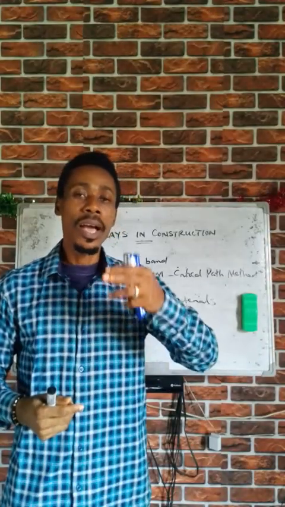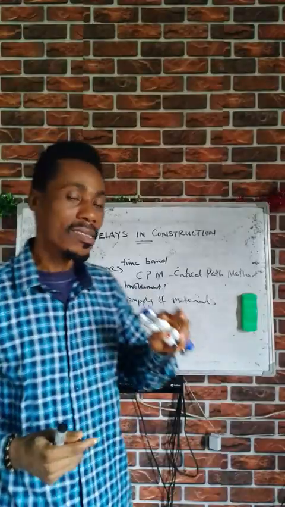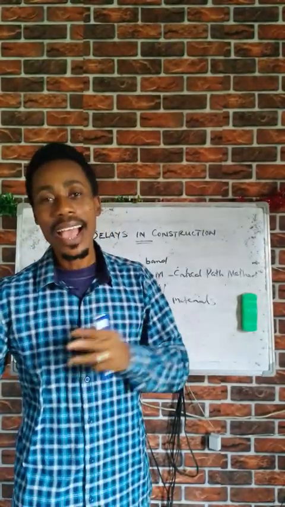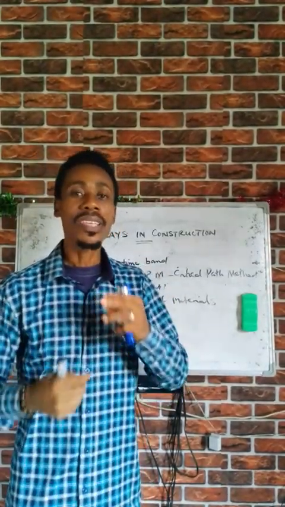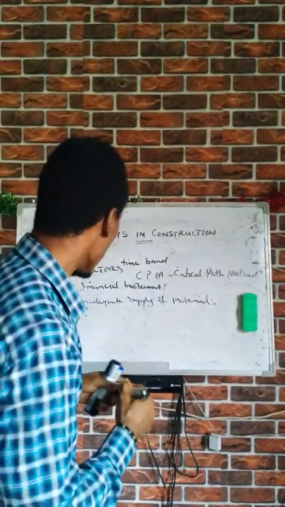So most times it is important we get these materials ready at site so that we can carry out this construction work without any form of hindrance in the course of the work.